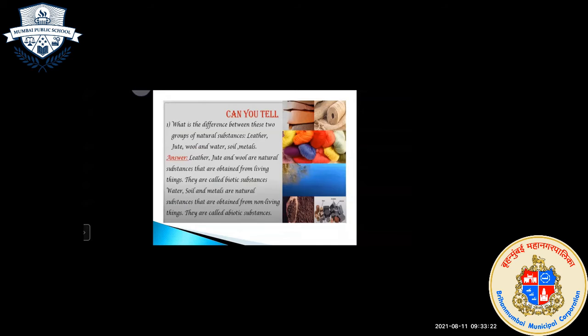That is leather, jute, wool and water, soil and metal. Leather, jute and wool are natural substances that are obtained from living things. They are called biotic substances. Please remember this name. Then water, soil and metals are natural substances, but they are obtained from non-living things. So they are called abiotic, that is without life.